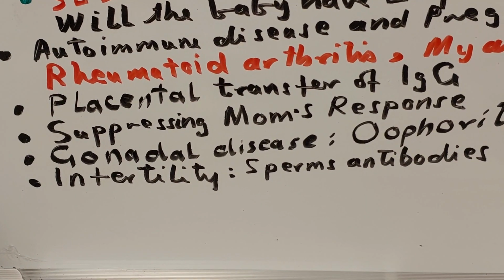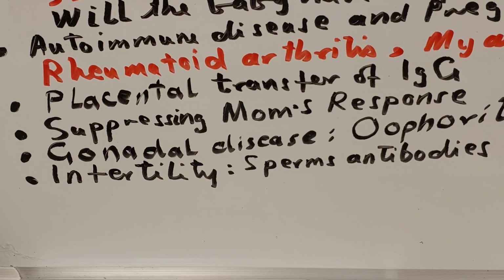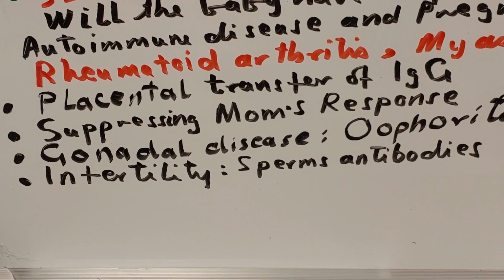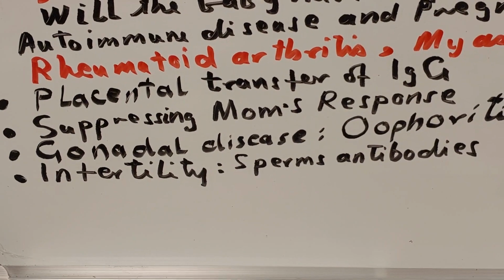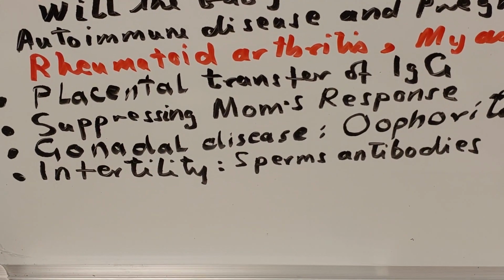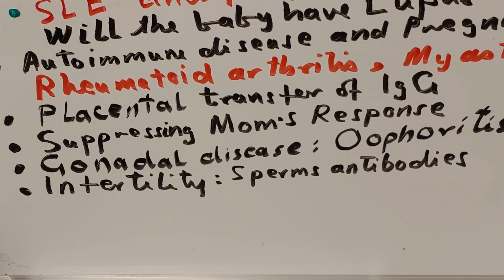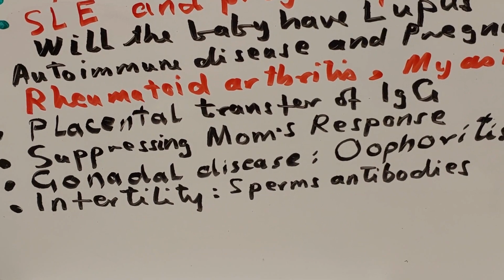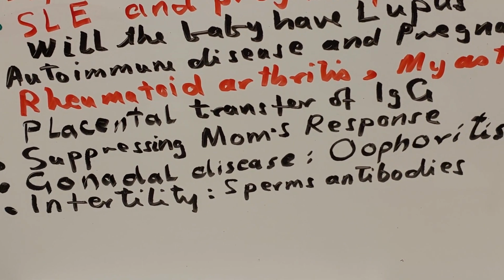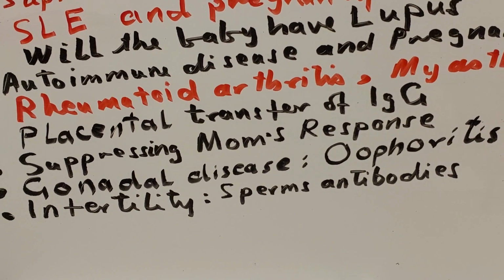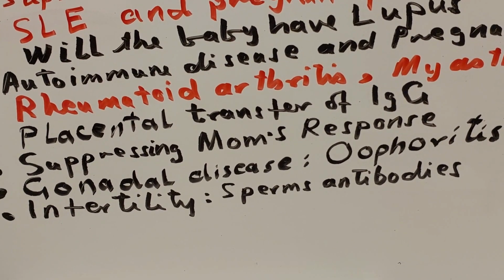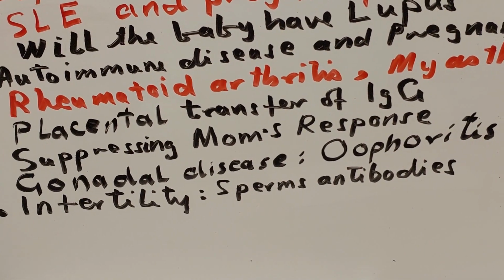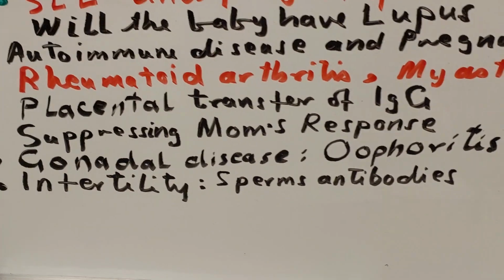So cornea and sperms we call sequestered antigens. However, maybe during surgery or trauma, some sperms may come out and will be seen by the body, and the body will produce antibodies against these sperms, which may predispose to infertility. Also, chronic infections may lead to infertility in men.